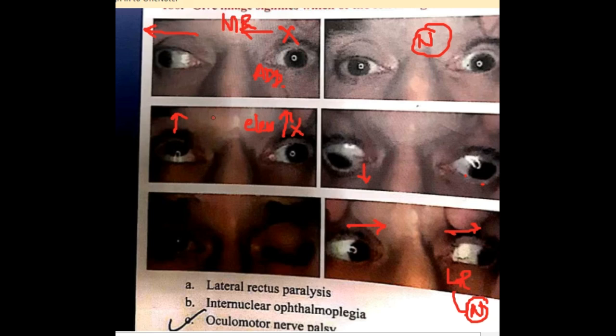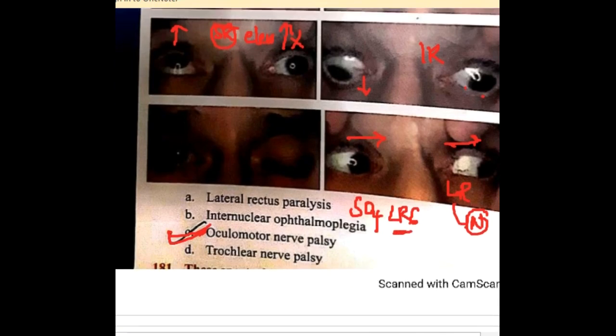Then elevation by the superior rectus is a problem, and depression by the inferior rectus is also a problem. So obviously it is mainly an oculomotor nerve palsy, because the oculomotor nerve supplies all the ocular muscles except SO4 LR6. That is, the lateral rectus is supplied by the abducent nerve and the superior oblique is supplied by the trochlear nerve. Next question.